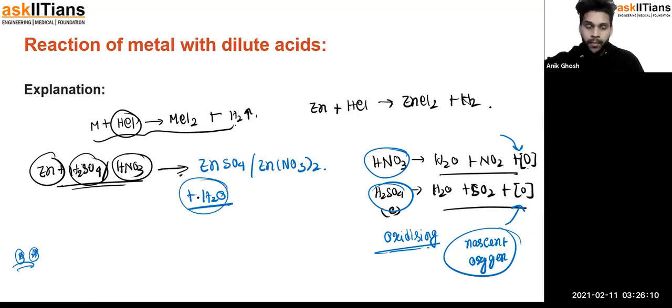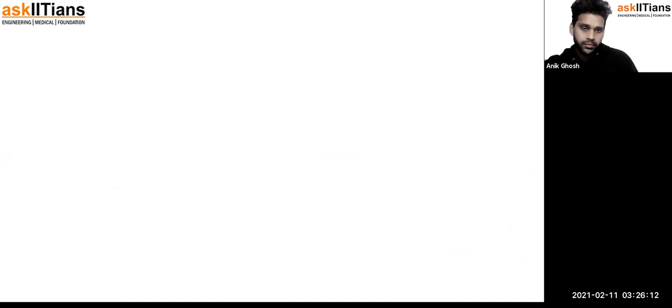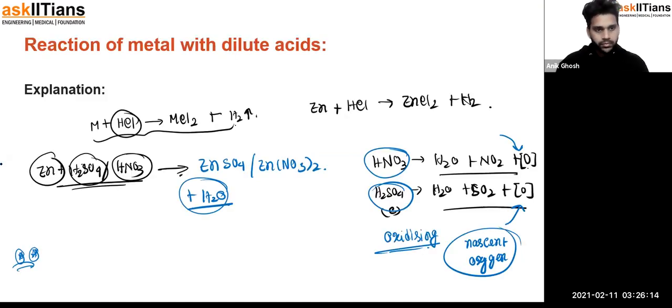Now the thing that I'm trying to explain to you is that this reaction, concentrated H2SO4 and HNO3, all the acid type of reactions, have a limit to which they happen.